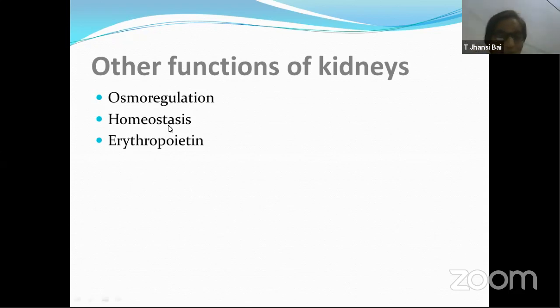So what is homeostasis? It is the maintenance of the ionic composition of the blood, or maintaining the equilibrium of the blood. That is not disturbed. It is maintained in our body. Stability is maintained. That condition is called homeostasis.